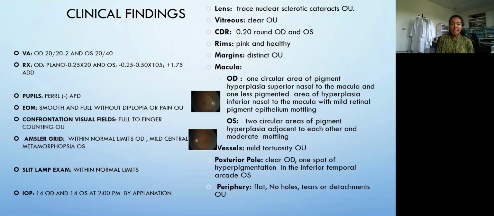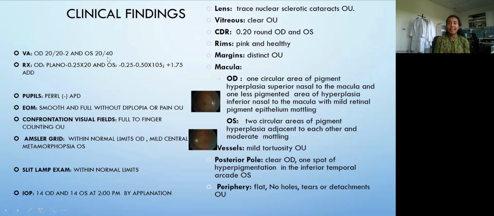And so again, a busy slide, but the main thing to note for this particular patient was in the macula. So when I saw this patient, I saw RPE hyperplasia, so pigment mottling, in both of his eyes. And it was a little bit worse in his left eye, which is why his vision in that left eye was 20/40.